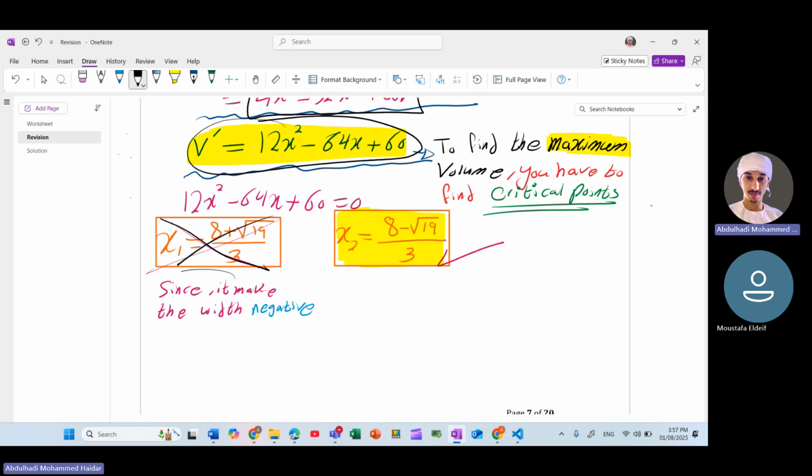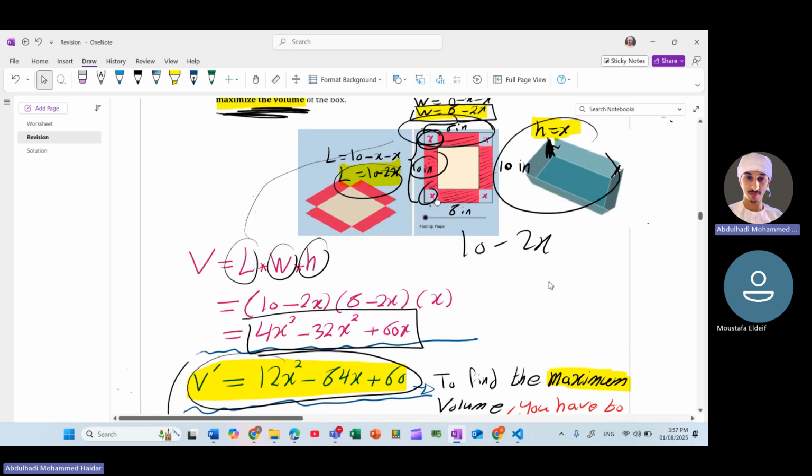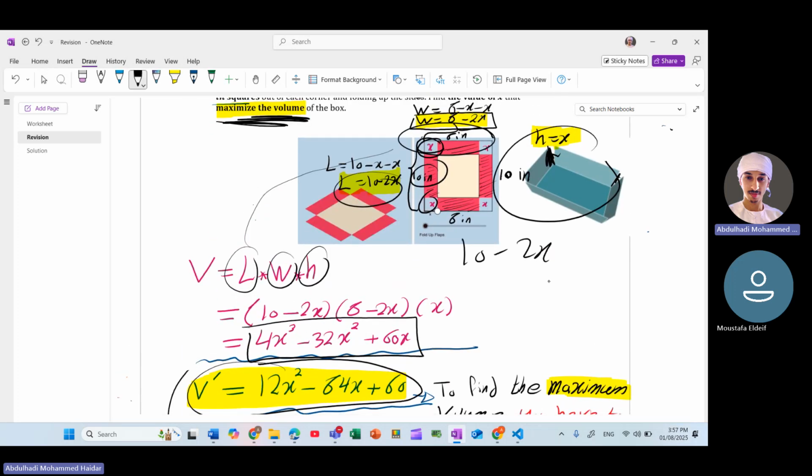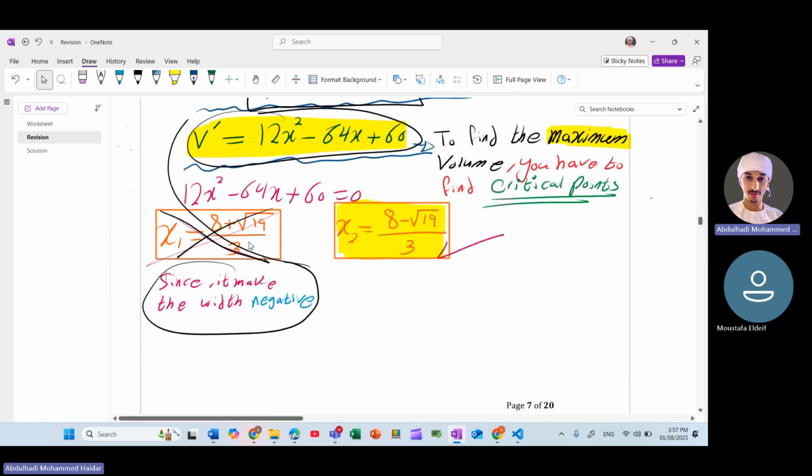Because if we substitute this one in the width, which is 6 minus 2x, it's going to make the width negative. So this one is rejected because the width cannot be negative. So we have to reject it.